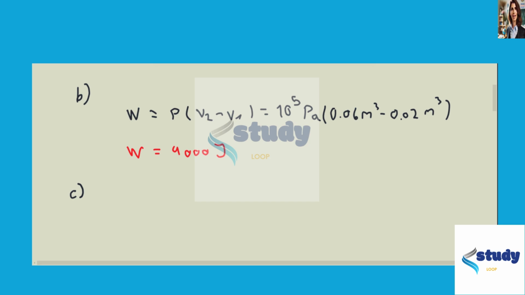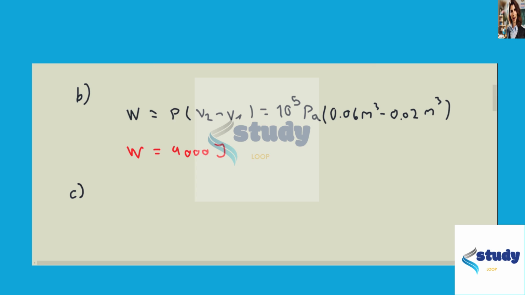So for part C, the area is a triangle and a rectangle together. This is observable from the problem's given figure, the PV diagram. So we only need to take the pressure and volume coordinates and add the corresponding areas below the lines.